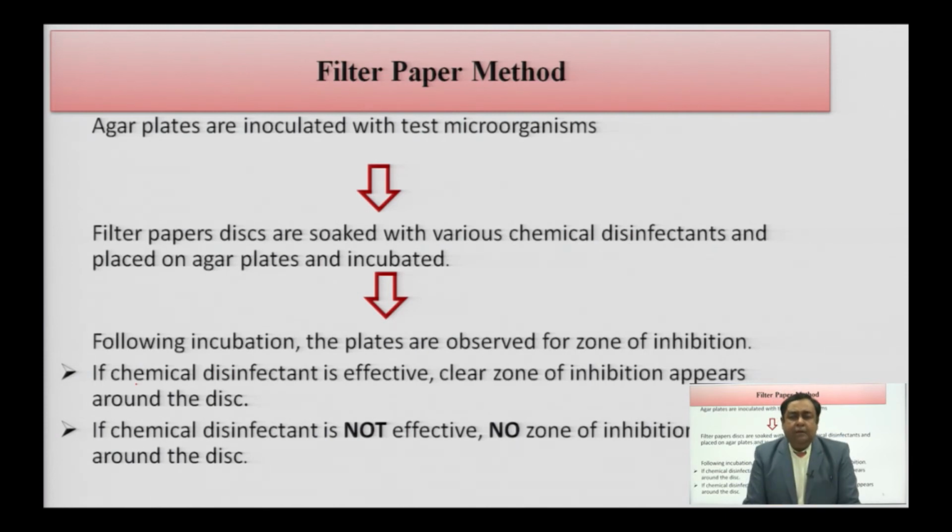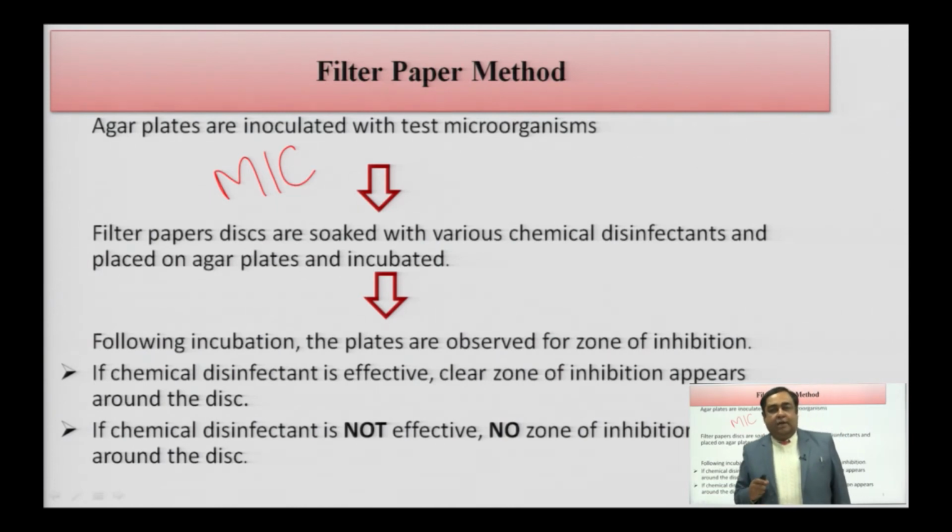You will find that at a particular concentration, suddenly the zone of inhibition starts, and the concentration from which the zone of inhibition just starts is known as MIC. MIC is nothing but minimum inhibitory concentration.